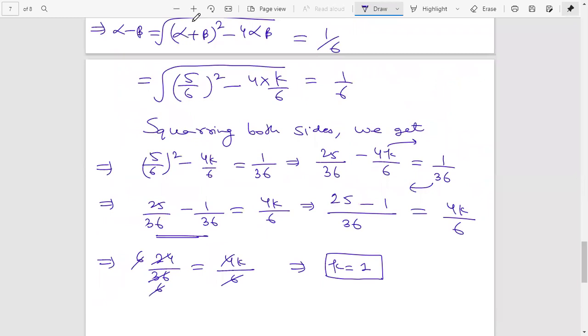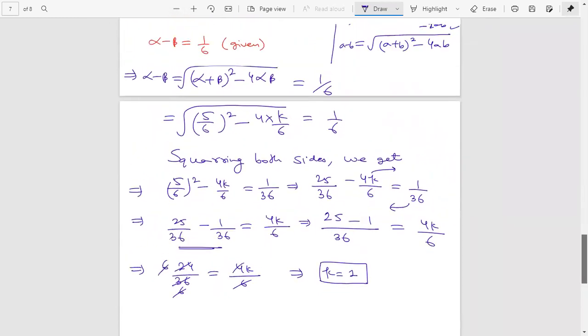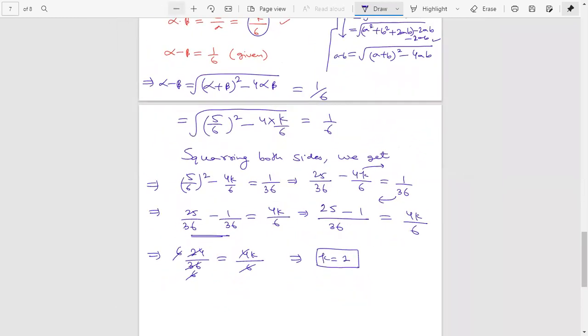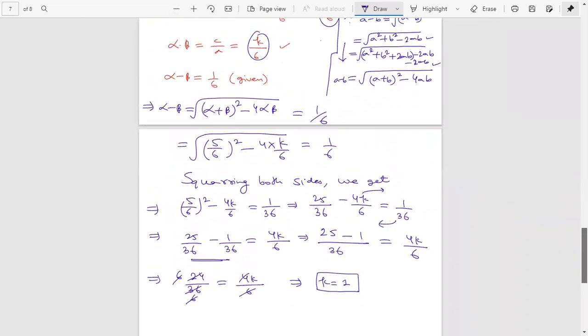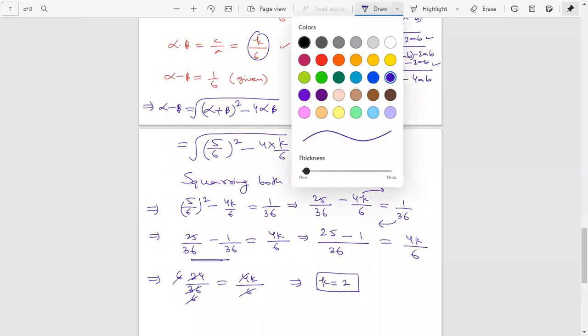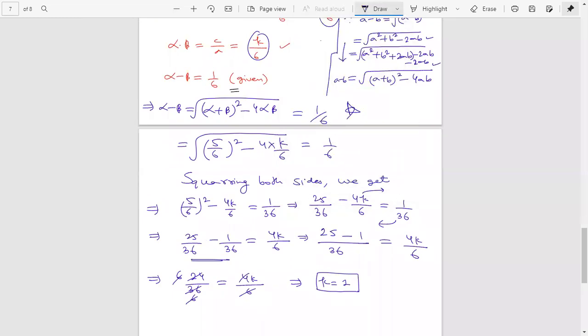So how did we get the answer? The main thing is to write alpha minus beta in terms of alpha plus beta and alpha into beta. This was the important step. Alpha minus beta can be written as the root of alpha plus beta whole square minus 4 alpha beta, because if we solve this separately, it is alpha square plus beta square plus 2 alpha beta minus 4 alpha beta under the root.